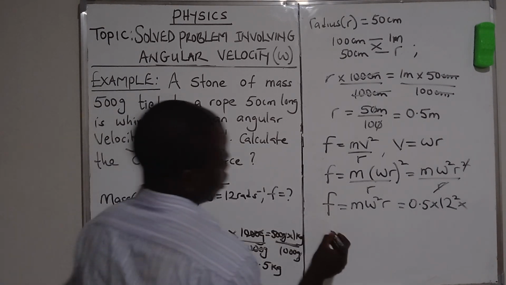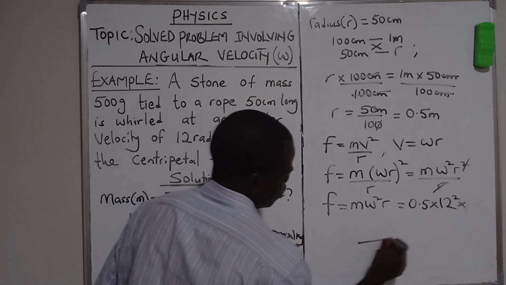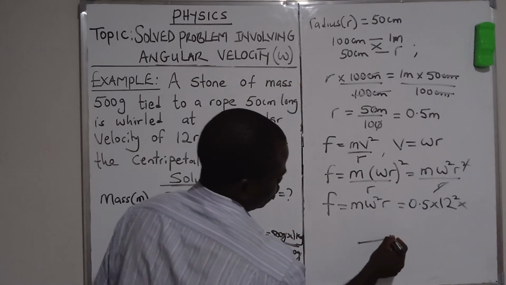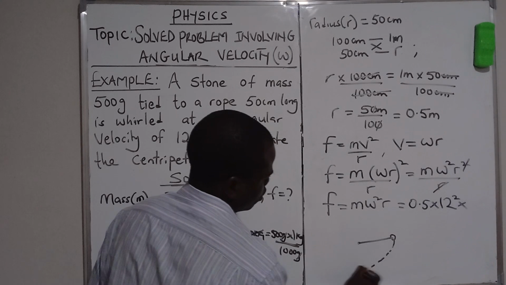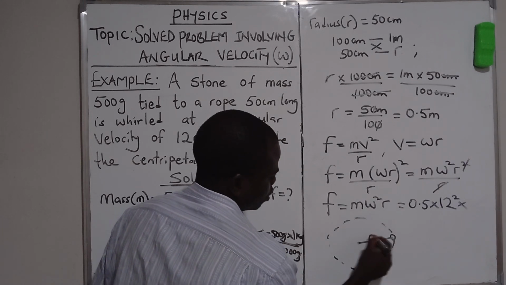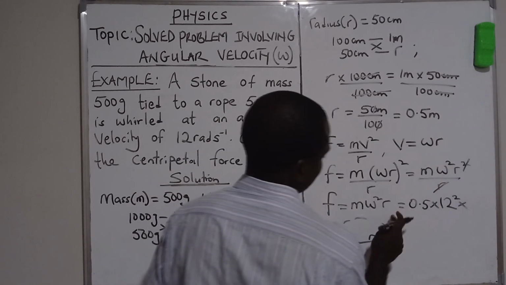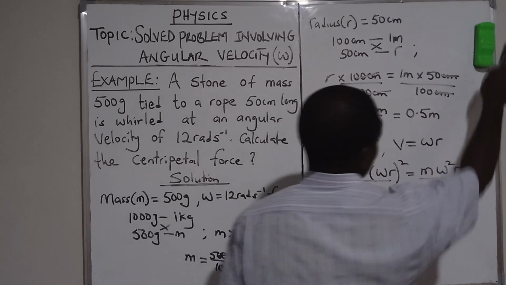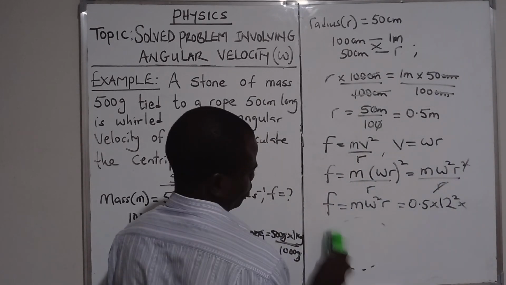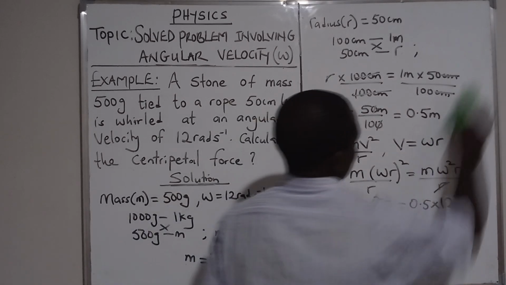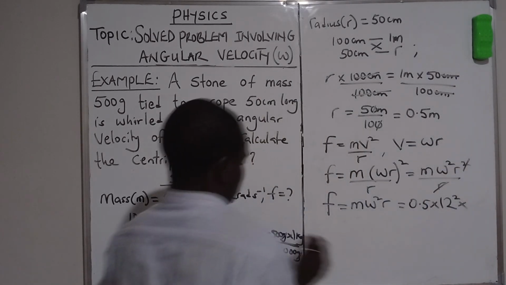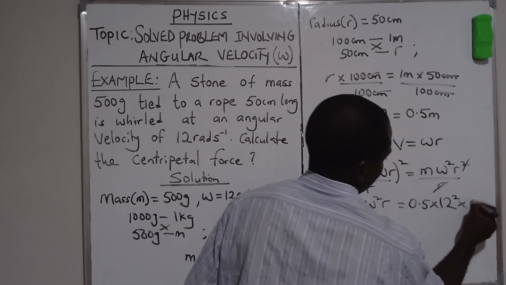You know, when you have a rope like this and you whirl it round a circle, this will stand as your radius of motion. That's why you have it as r. You whirl it round, and this is 0.5.